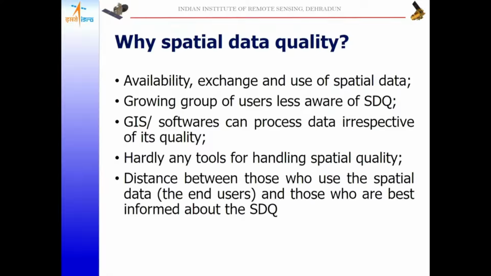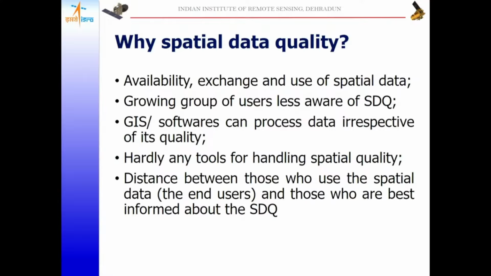Another thing is the growing group of users who are less aware of spatial data quality. When you put up the information for a decision maker, they may not be very aware of the spatial data quality, but they are relying on your information. So when you do the analysis and then send it, they will totally rely on your information.